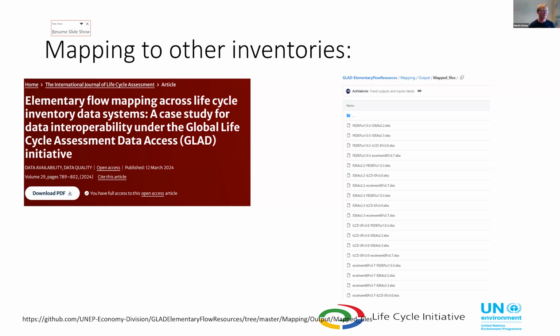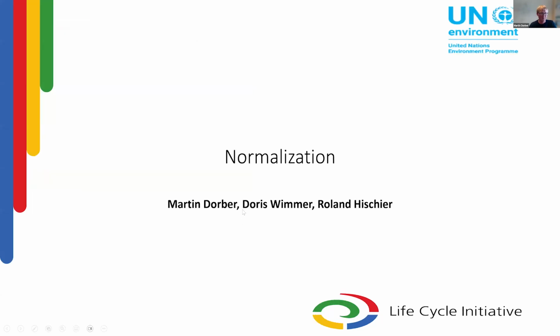So this is why the EF list nomenclature is a really good starting point. If you use these mapping files, you can, for example, map it to ecoinvent. So this is why it was a really good basis for doing this naming harmonization. Yes, I think that's what I have to say.